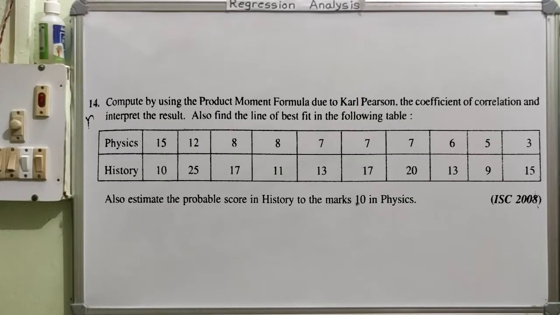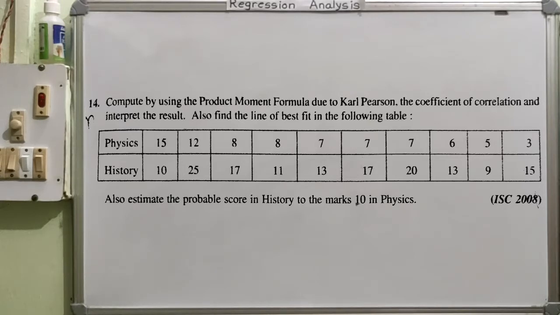Question number 14. Compute by using the product moment formula due to Karl Pearson the coefficient of correlation and interpret the result. So ultimately you are asked to calculate the correlation coefficient and interpret its result using the Karl Pearson method. Also find the line of best fit.